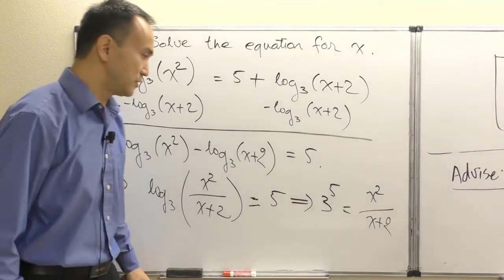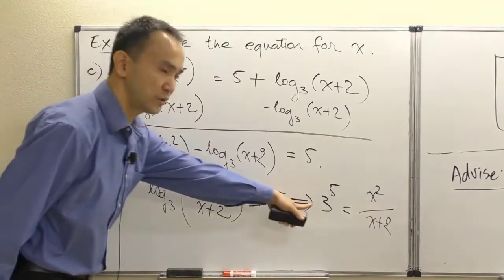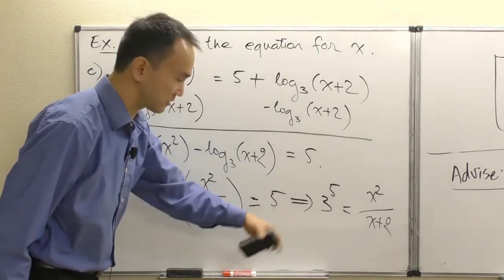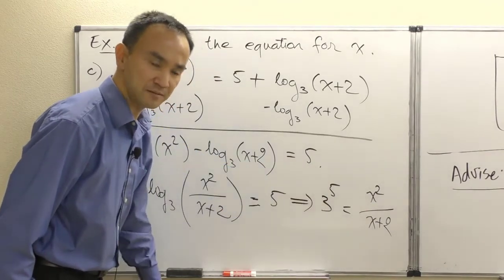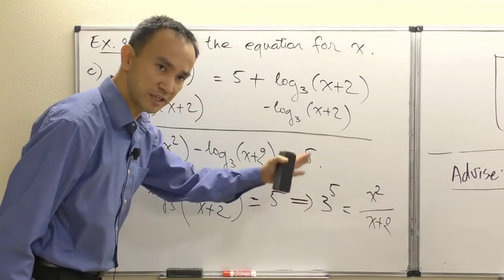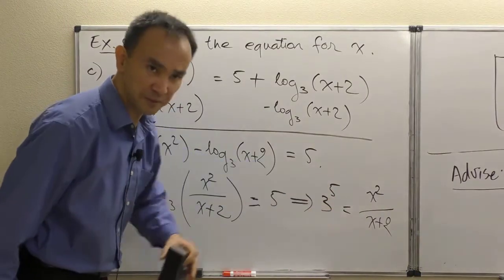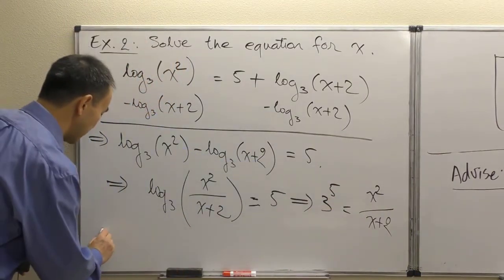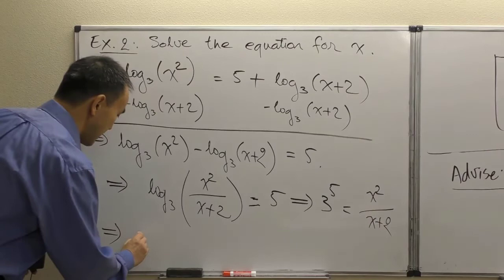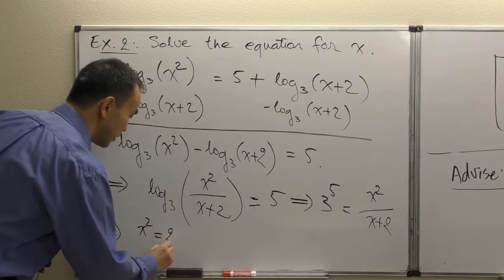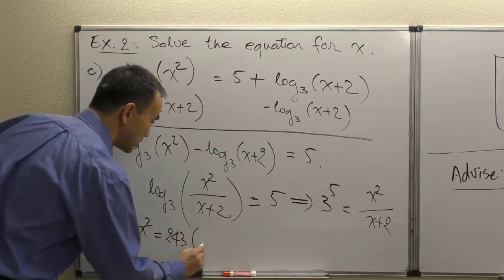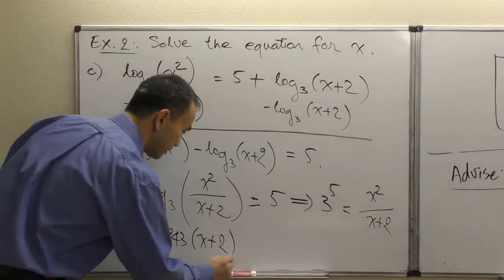All right, so now 3 to the 5th power as a numerical value is 243. 3 times 3 times 3 times 3 times 3. So now I can rearrange the equation as x squared equals 243 multiplied with x plus 2.